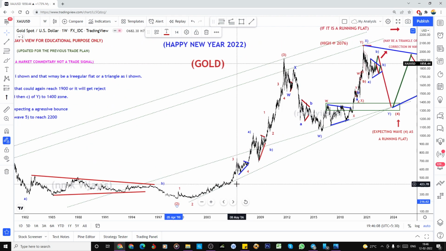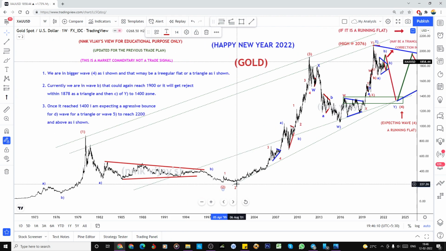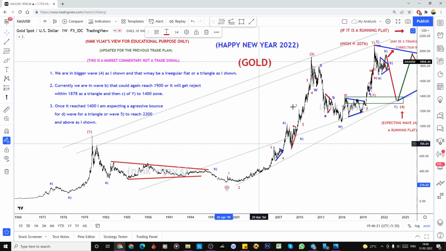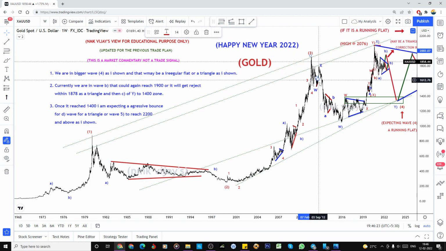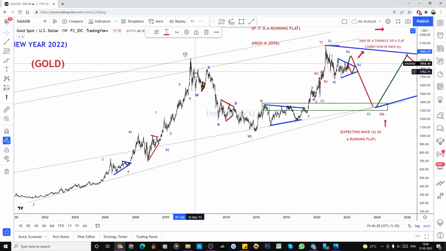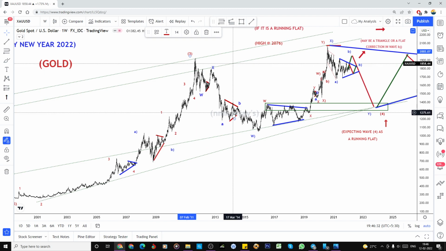So each wave got a three-wave structure in the leading diagonal triangle pattern. In that, 1, 2, 3, 4, 5 is A and B is a triangle. Later onwards 1, 2, 3, 4, 5. So this is the third wave got completed here. Later onwards we are looking at the fourth wave, and from here I started to trade, nearly from 2000, I think 2011 I started to watch this.